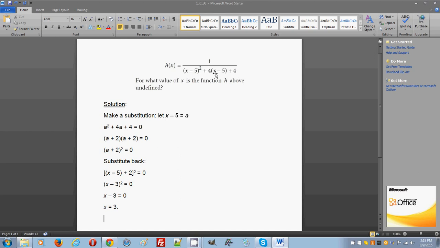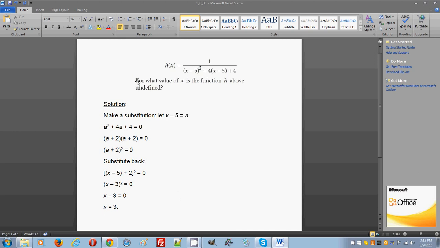So when the denominator, this whole thing here, is equal to 0, this fraction will be undefined, and so is the function, because the function is the fraction. So we must find the value of x that makes the denominator 0.